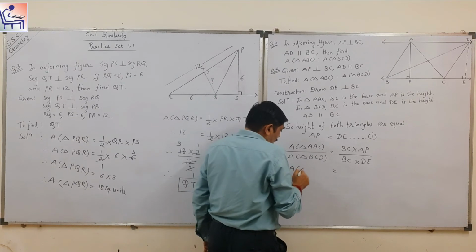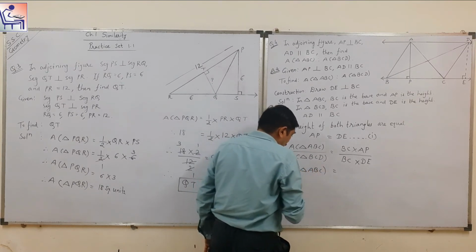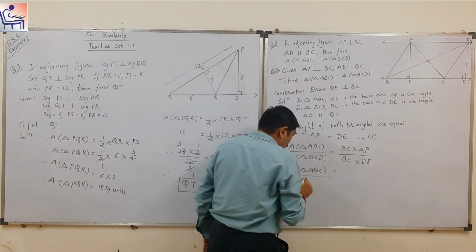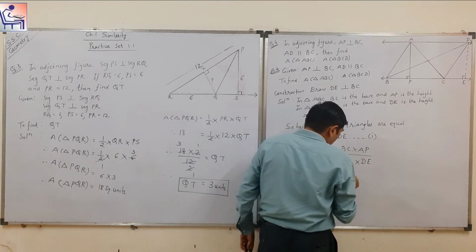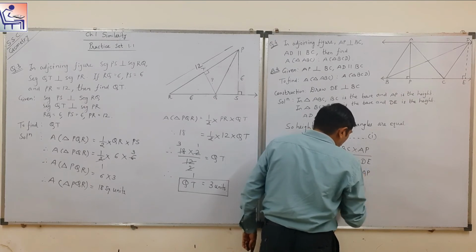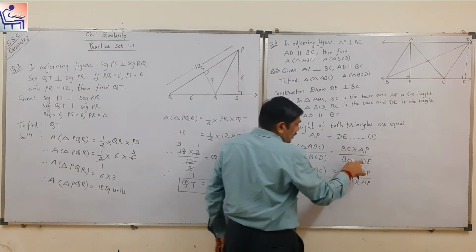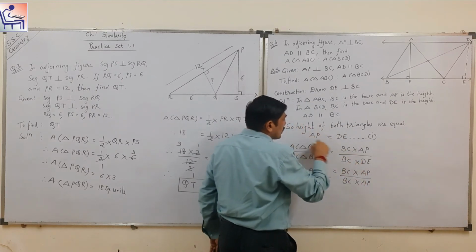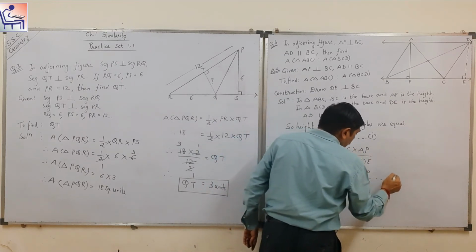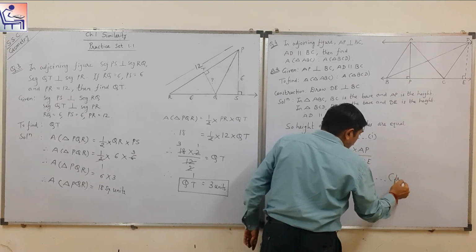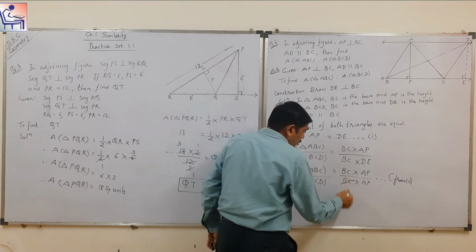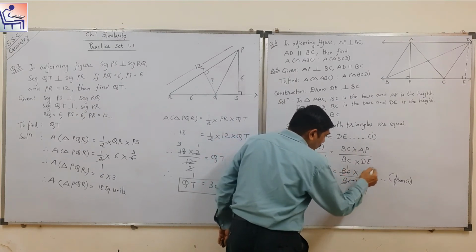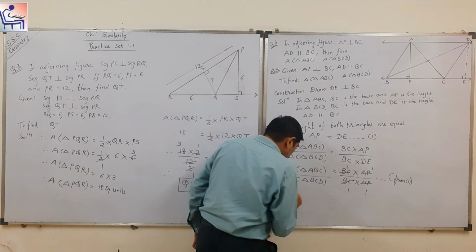Here, area of triangle ABC upon area of triangle BCD is equal to BC into AP upon BC into AP. Why are we writing AP instead of DE? Because here we got it from 1. Now, as we know that these are equal, so we can do the cancellation.